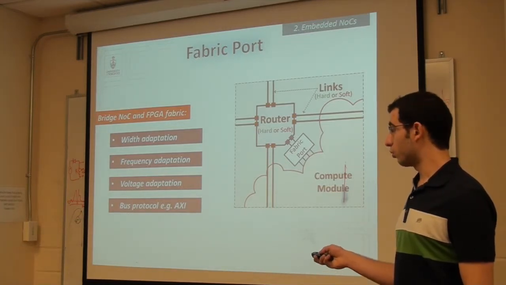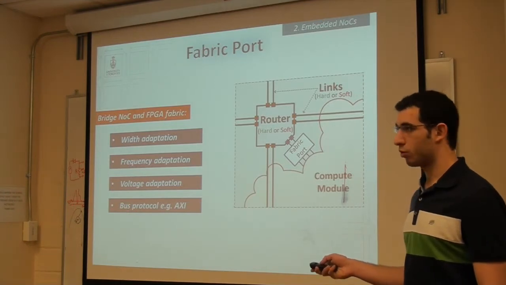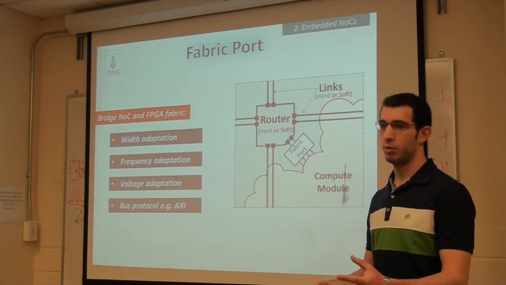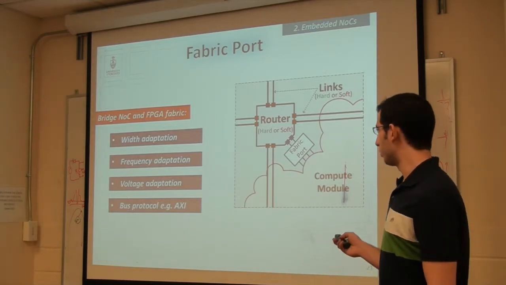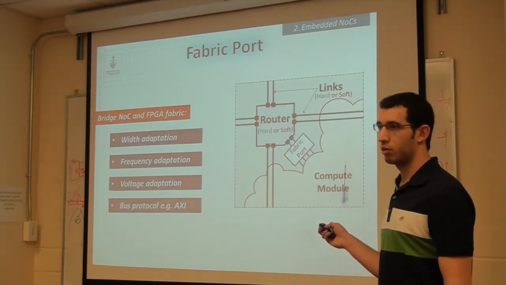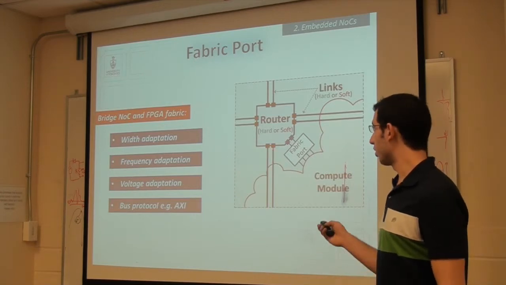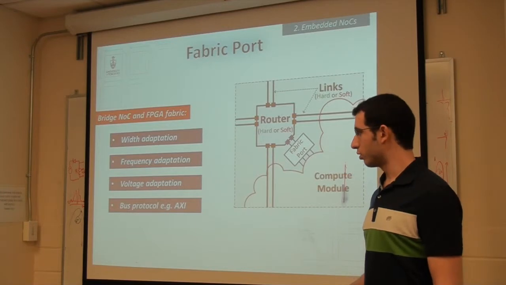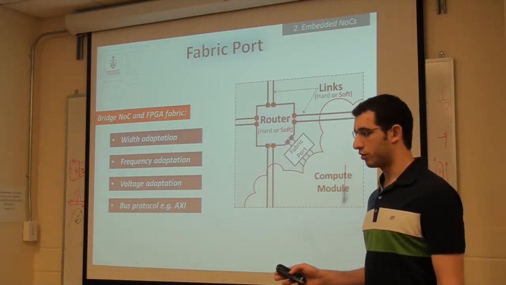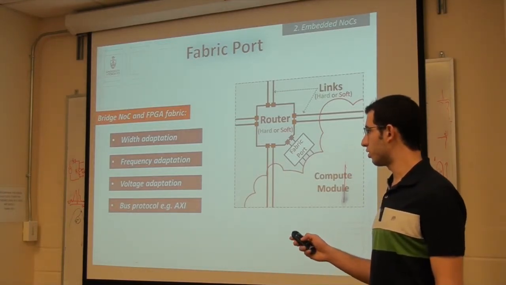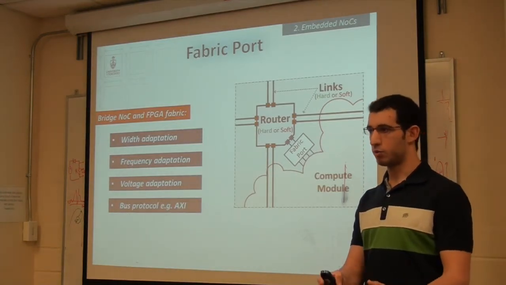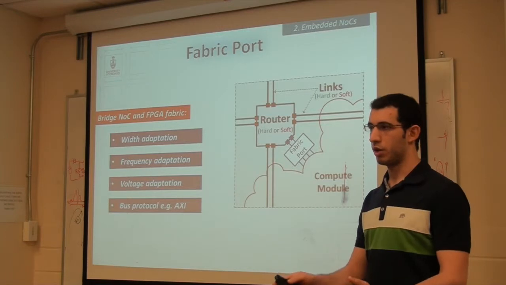And we could also implement some bus protocol in there so that you can just plug in your different IP and connect to the network. And then it will translate it into a simpler streaming protocol that is available in the NoC. So the fabric port is responsible for these things: width adaptation, frequency adaptation, voltage adaptation, and we can also implement a bus protocol in there so that it's embedded and it's ready to go.